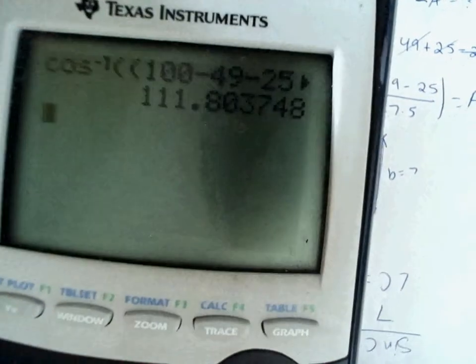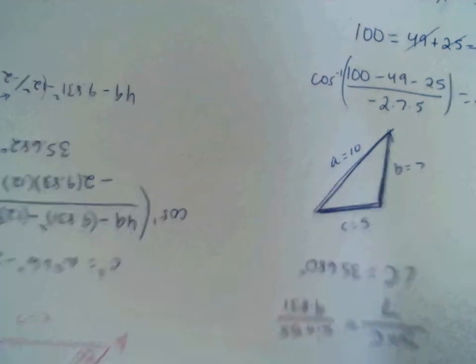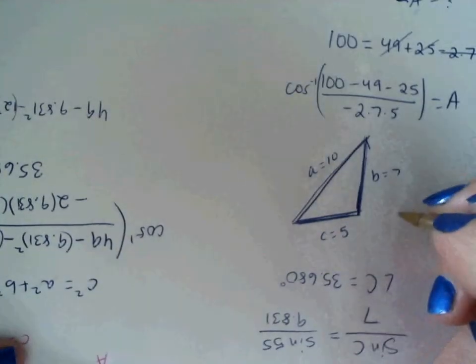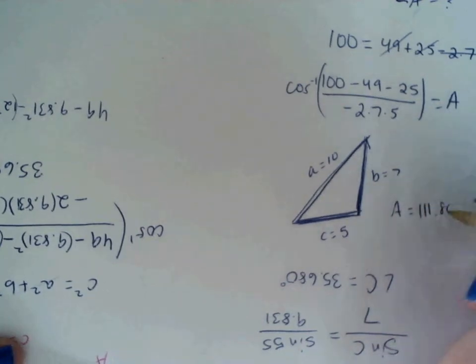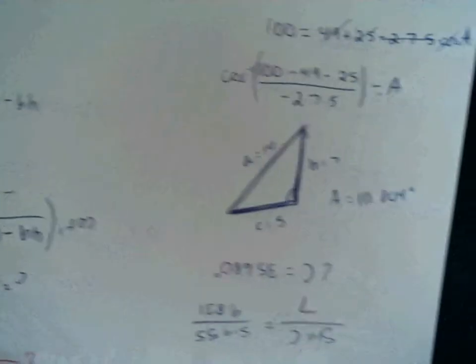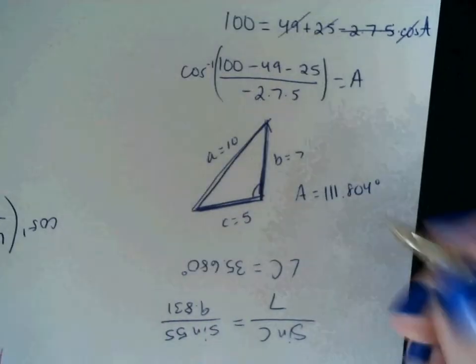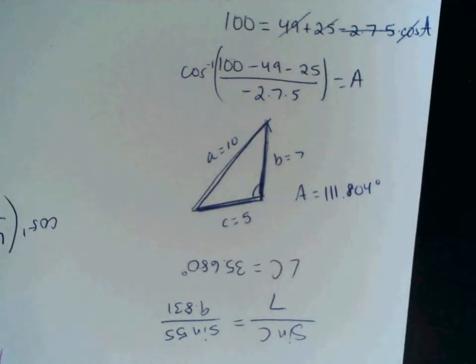And then close your parentheses again, and you're left with 111.804. So that means angle A is 111.804 degrees, and that makes sense for that angle right there. Makes sense that it would be an obtuse angle. Okay?